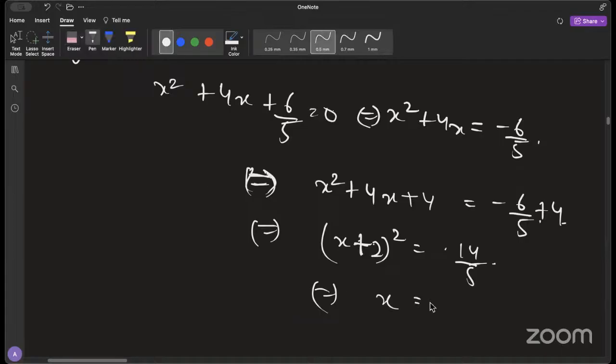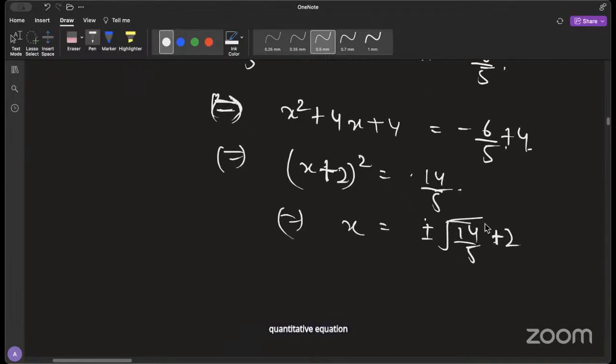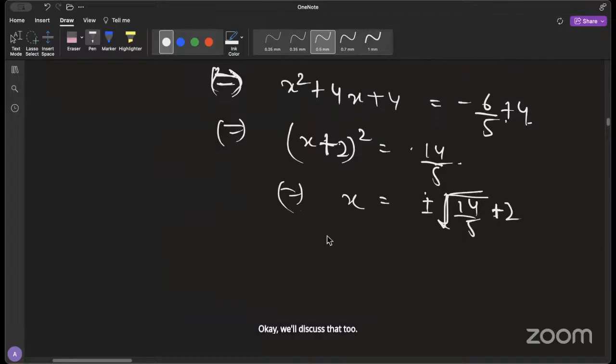This is x equals plus minus root 14 by 5 minus 2. We know that it has two roots, right? Quadratic equation has either, okay, we'll discuss that too. So the two roots are minus 2 minus root 14 by 5 and minus 2 plus root 14 by 5.